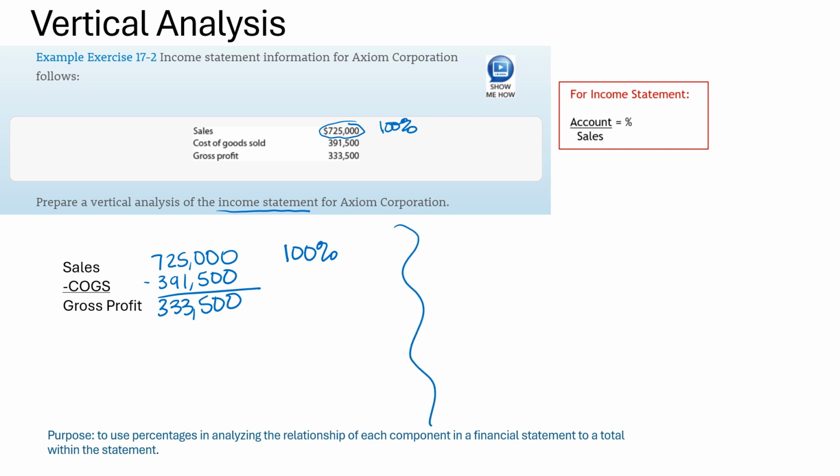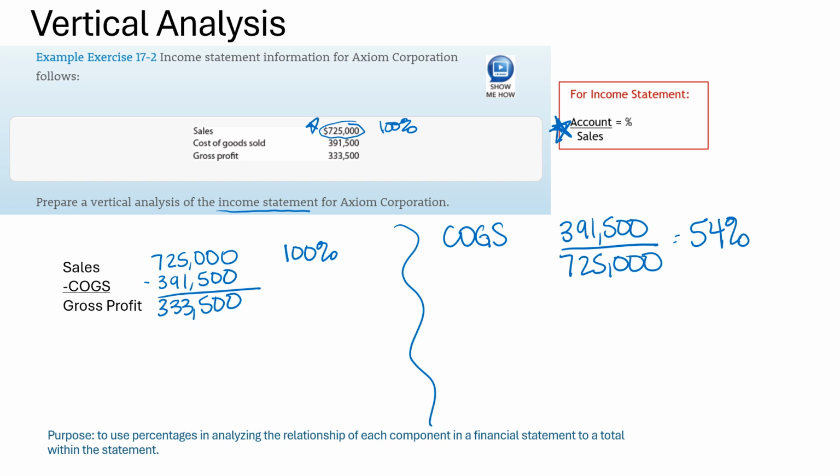All right, so to figure out those percentages, you take the account, divide it by sales. So first we'll look at cost of goods sold. That amount is $391,500. Divide that by the sales amount of $725,000. When you divide that, that should give you 54%. So cost of goods sold would be 54% of sales.